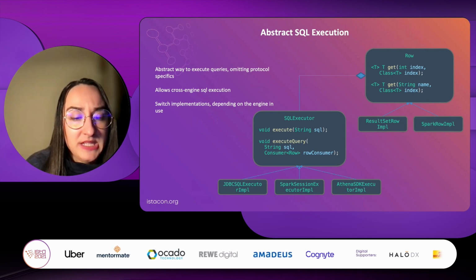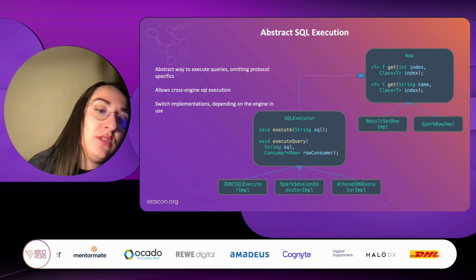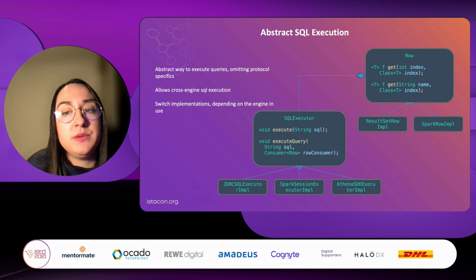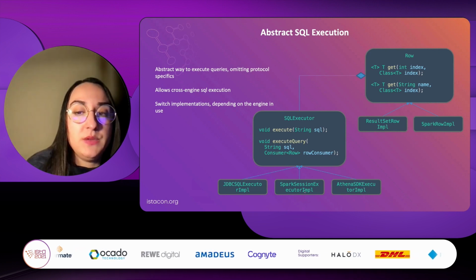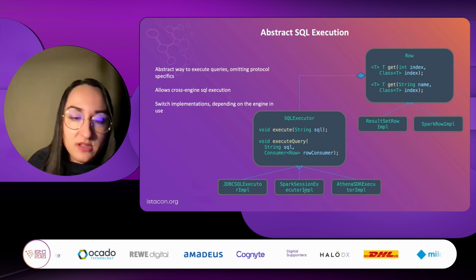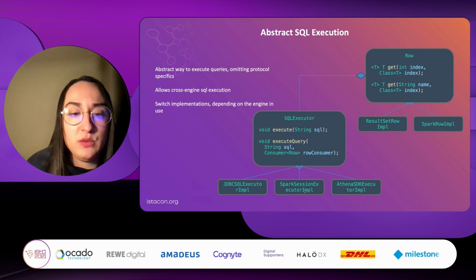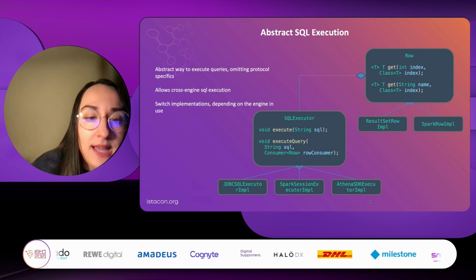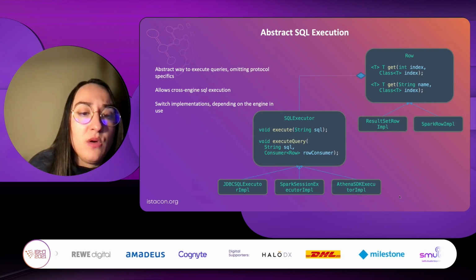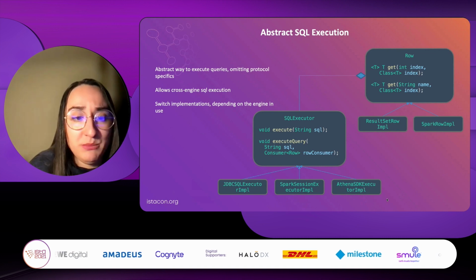Here again, you could see the specific implementations of this executor. For example, this one is going to use the JDBC protocol. This one is going to use directly Spark's job submission API to execute queries. This one could leverage the AWS client and so on. So whenever we choose an engine, we are going to switch between these different implementations.